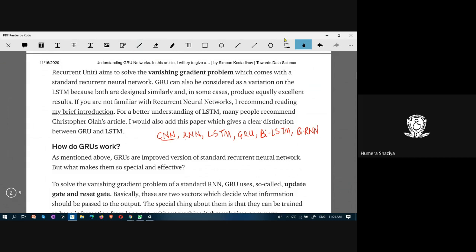And we looked at how we have forget gate, memory gate, and various other options in LSTM. Moving ahead, today we will look at GRU. GRU is a variation of LSTM.